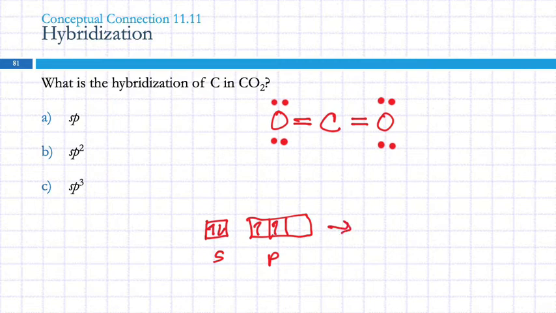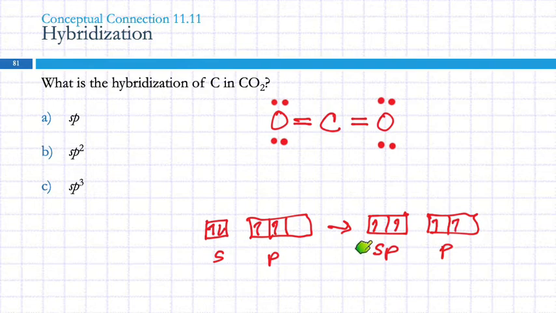So hybridizing them, I'm going to get an SP and then 2 unhybridized p orbitals. So the SP is going to be on each side of the carbon. It's going to make a bond with oxygen.